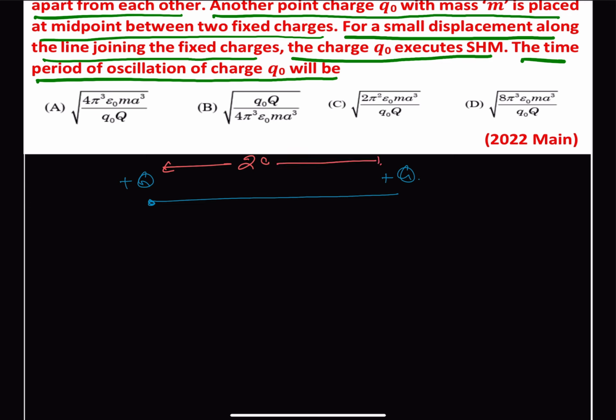Let us suppose that we consider this at the origin, and therefore one of the charges will be at minus a comma 0, and another one will be at plus a comma 0, and Q0 is placed at this particular point. It is at a distance of a from each charge, and it is displaced by a small amount. Let us suppose that small amount is x.